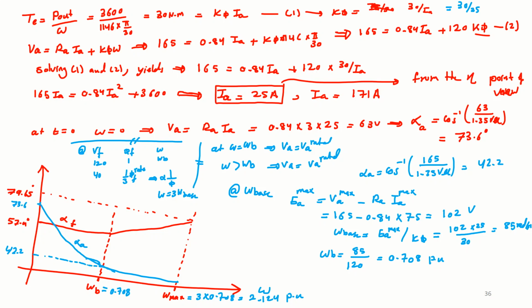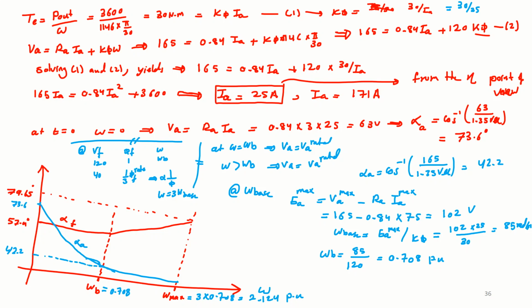So this is an example to plot, let's say, all the possible firing angles as a function of all possible speed from 0 to the maximum speed. The maximum speed is decided by the minimum field voltage, and omega base is decided by the maximum back EMF allowed based on the maximum current.